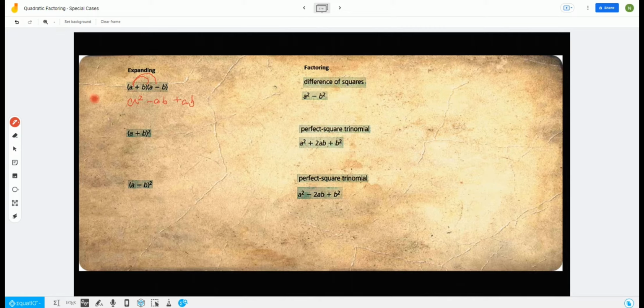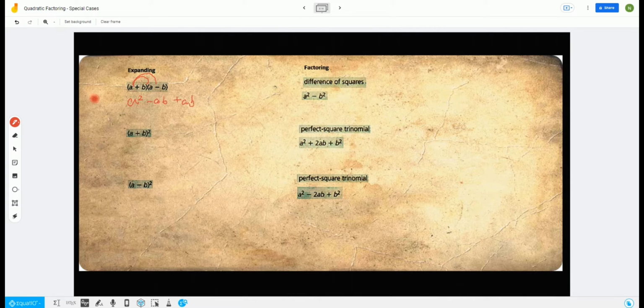Negative ab and positive ba cancel, so we get a squared minus b squared. This is the expanded form. So the difference of squares is the opposite of expanding: a squared minus b squared equals a plus b times a minus b.